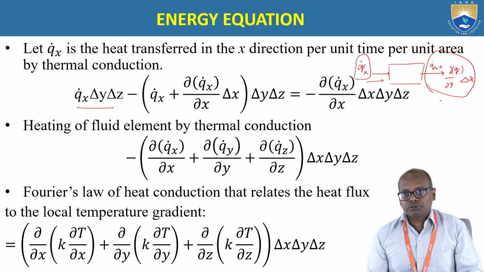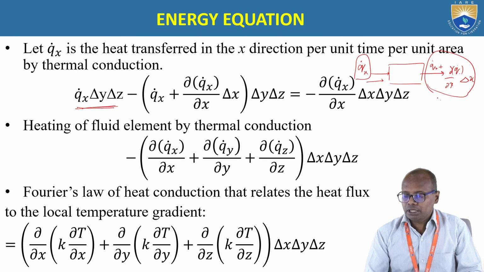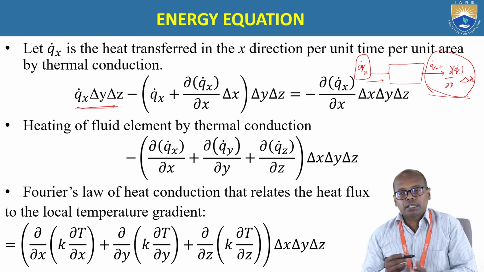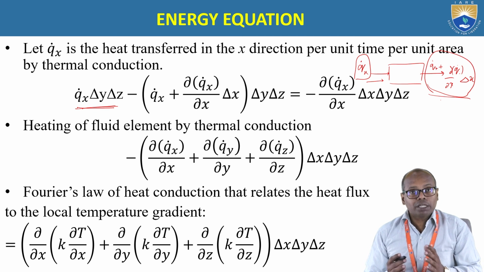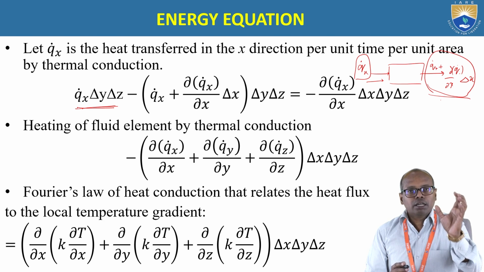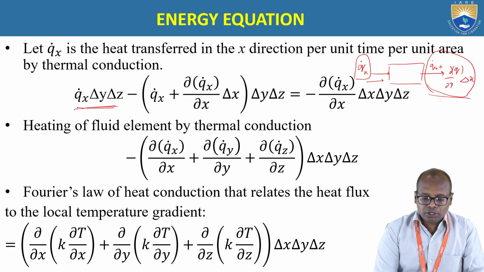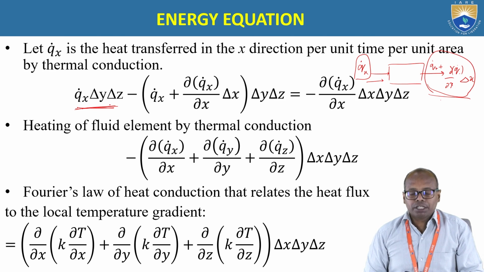The right face one is leaving the element. So the heat is added to the element, and the heat is rejected by the element. The amount of heat remaining in the element is given by the amount of heat added minus the amount of heat rejected.